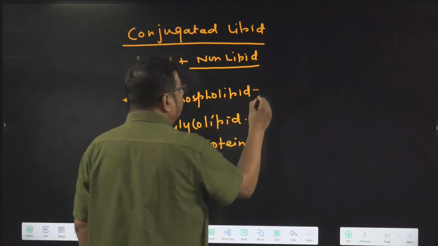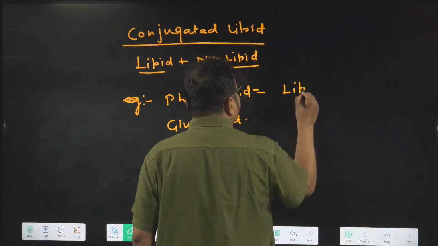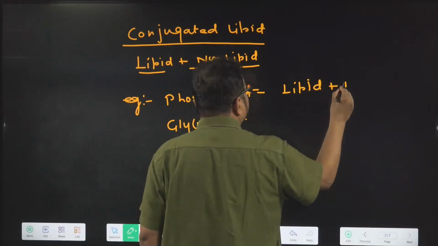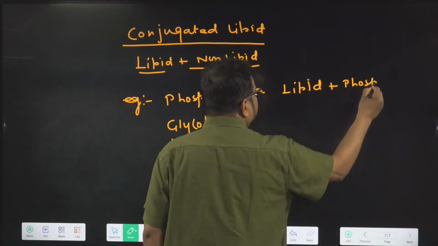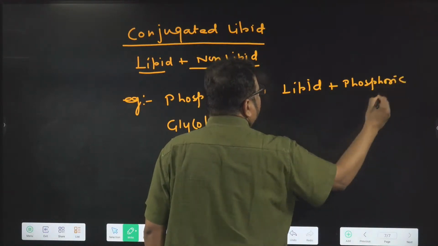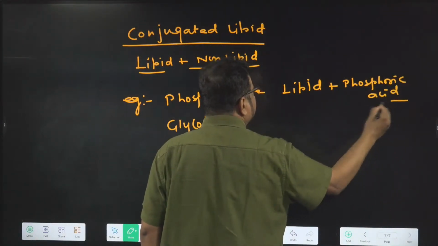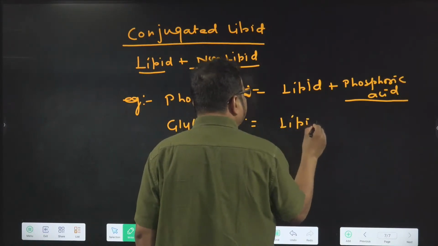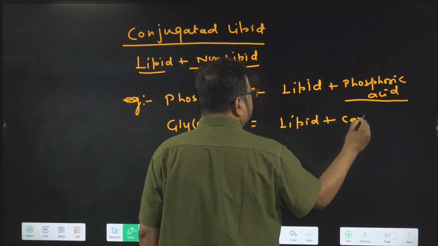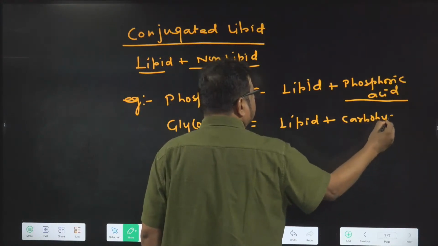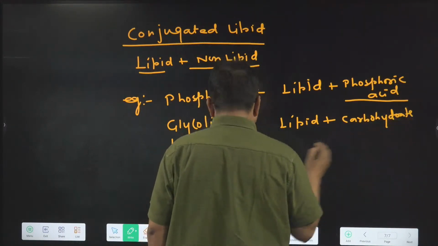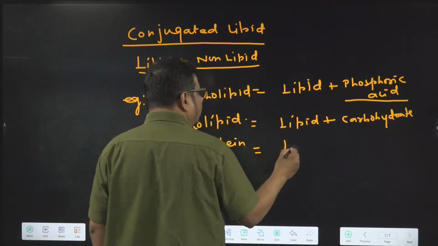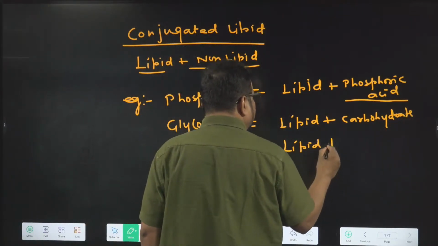In phospholipid, along with lipid, who is there? Phosphate or phosphoric acid is there. So phosphoric acid is the non-lipid part. In glycolipid, along with lipid, carbohydrate is there. Carbohydrate is the non-lipid part. If you talk about lipoprotein, along with lipid, protein is there.